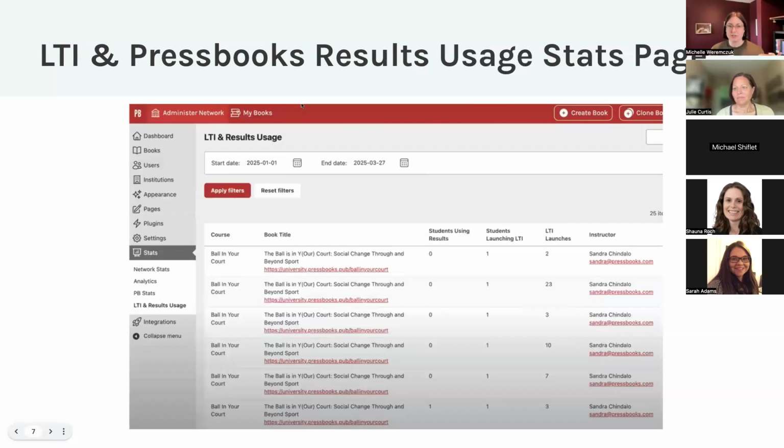We're also taking a look at the student experience, first with improving the viewing experience of content in the LMS by looking at providing a full screen option. And this is a screenshot of the LTI and Pressbooks Results usage chart, which I'm sure many of you have taken a look at since it's been updated.